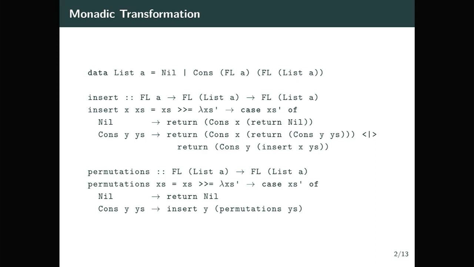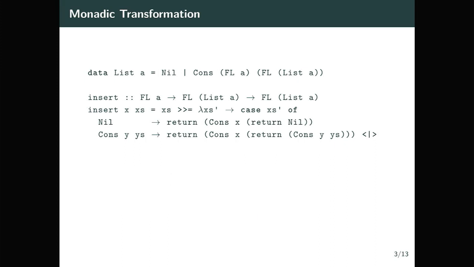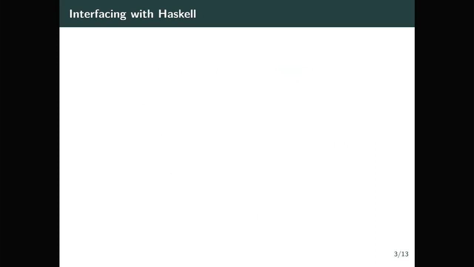So basically, you can imagine this is the final result of our monadic transformation. So maybe you can get an idea why we don't want to program this in Haskell and instead write what we've seen at the beginning of the talk, which is basically Curry code and looks much neater than this monadic code. Still, the question remains, if we embed some kind of this in Haskell, how can we interface this with Haskell?